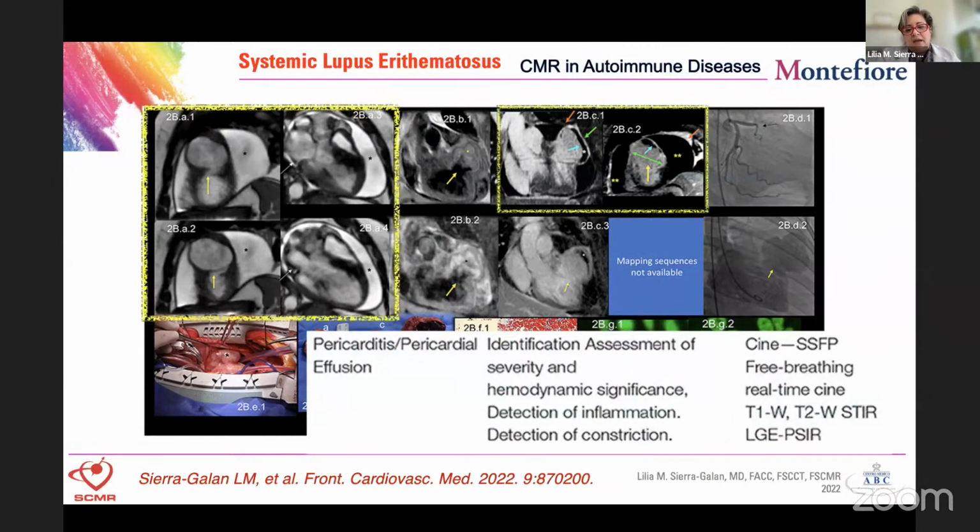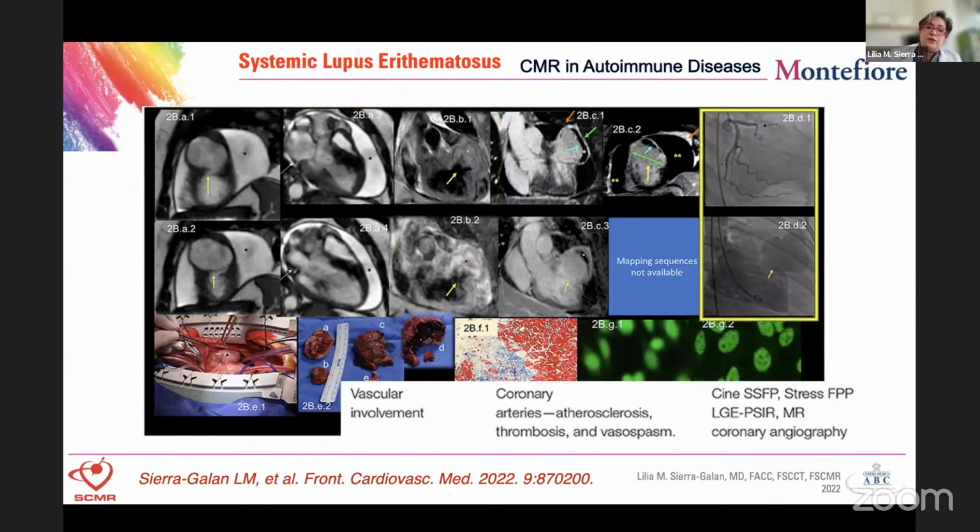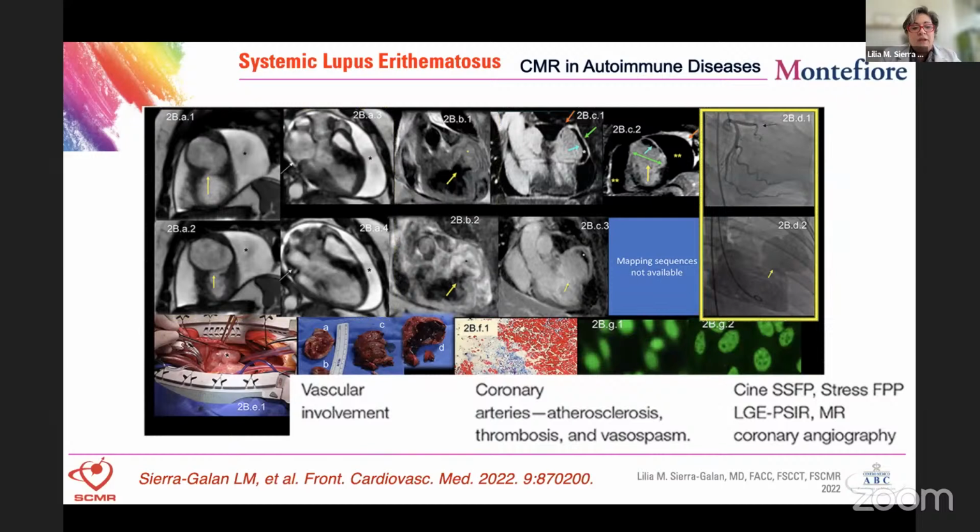As I briefly mentioned, we can find the pericardial effusion and the pericardial inflammation, which changed the findings and the diagnosis completely. So it is very important to investigate all these different characteristics, and to always have in mind that not everything is atherosclerosis.